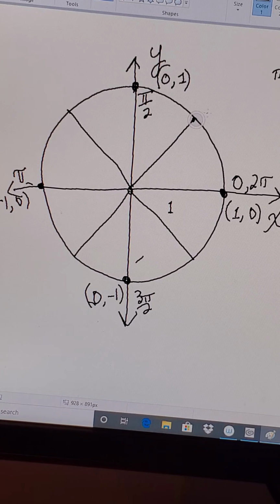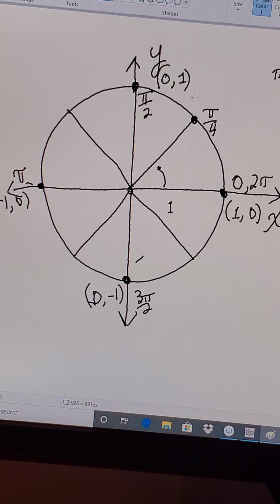It's almost like we're counting in quarters. You always start here. This is the starting point. The origin is the reference. If you're at this point on the unit circle, you've completed pi over 4 radians of a turn.